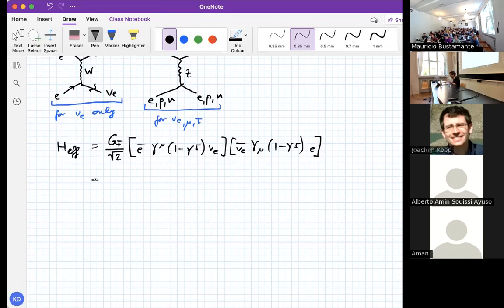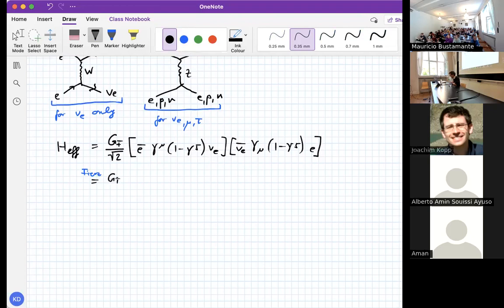Now, what we need to do to make progress here is we apply a Fierz transformation. And the Fierz transformation just tells us that in an operator of this type, I can exchange the second and fourth field.